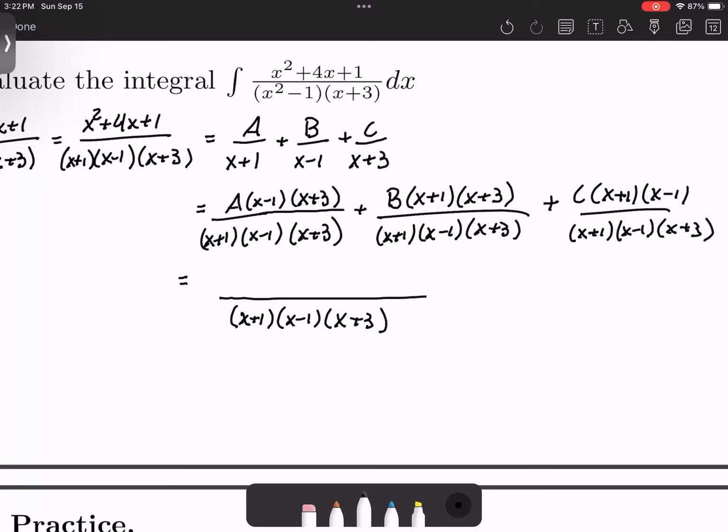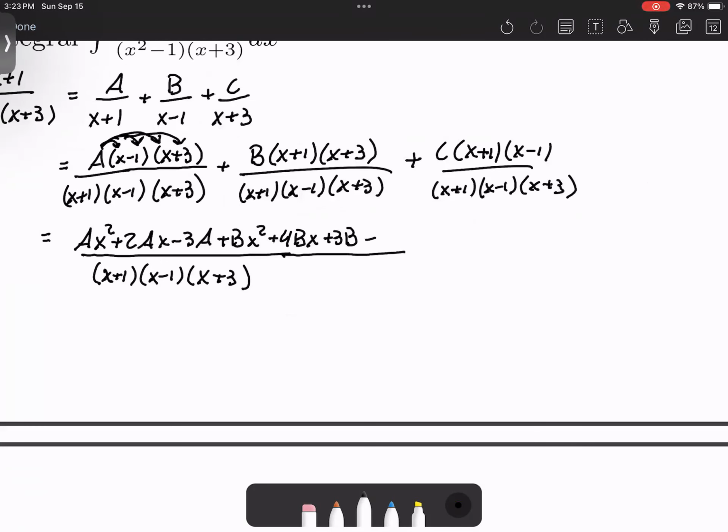And multiplying through, right, sending the a through and performing all of our distribution, we end up with a numerator equal to ax squared plus 2ax minus 3a, plus bx squared plus 4bx plus 3b, along with a cx squared minus c.